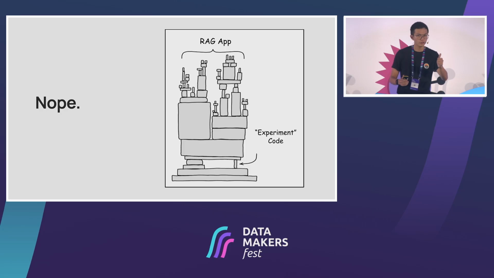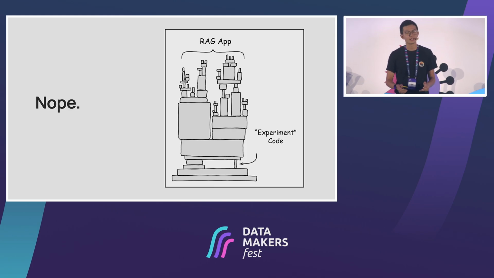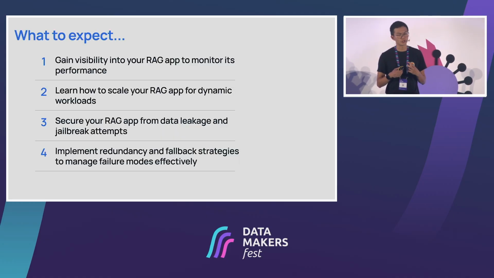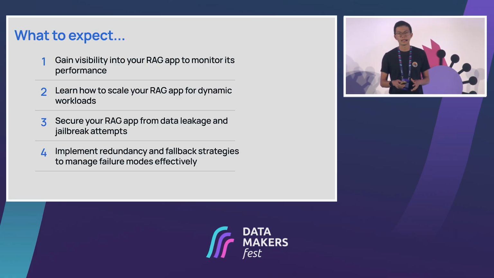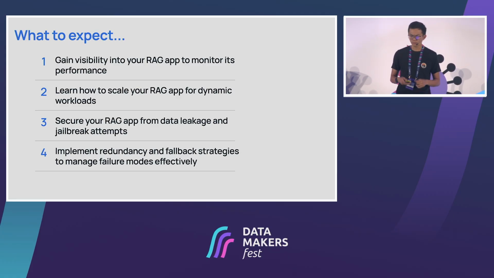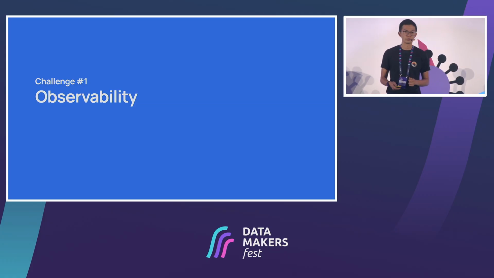So this is where the aspects of security, scalability, observability, and resilience become important factors. So what we're going to do today is take a look into these challenges of deploying production RAG systems, and then discuss strategies to address these issues. And we'll begin with the first one, which is observability.